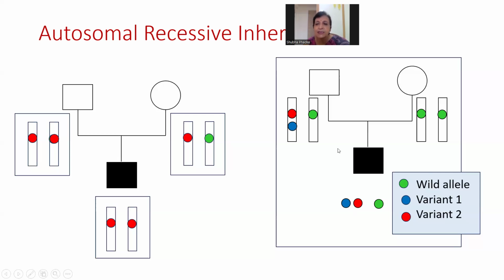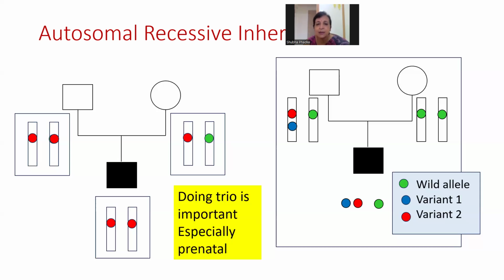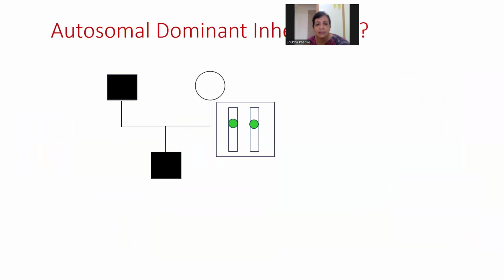The point to stress is that this pedigree information is useful in interpreting the exome data, and that's why you should always send trio exomes. That means the exomes of the father, mother and the child together, usually if the cost is not a constraint, especially in prenatal diagnosis.